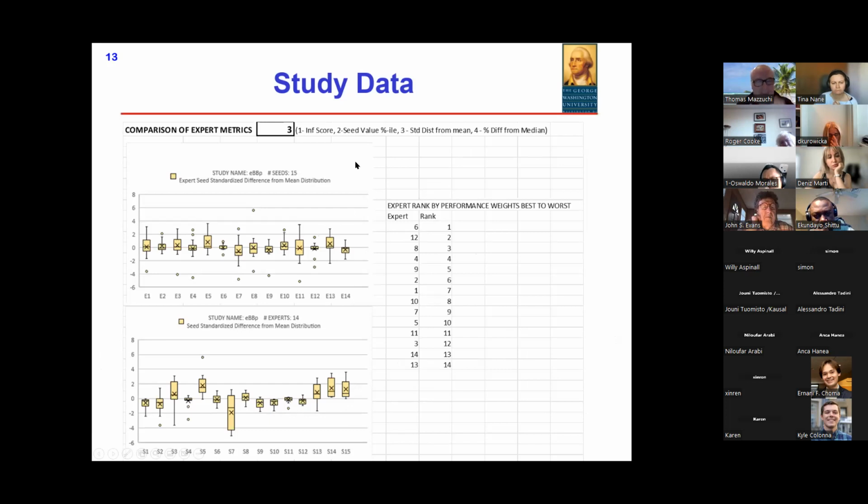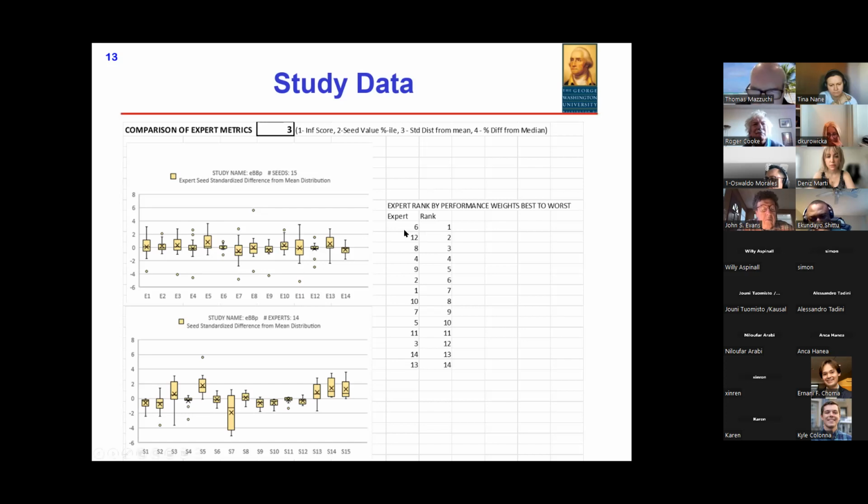The other thing I started looking at: if you want to look at particular studies, let's look at the information, the seed percentage, the standard distance from the mean, and the percent distance from the median. Let's see if we can get those distributions, or box plots, first by holding the expert constant and looking at those values over the seed variables, and second by holding the seed variable constant and looking at those values over the experts. So you can see if there's one seed variable that has been a little more influential in spreading some of the experts out or not.